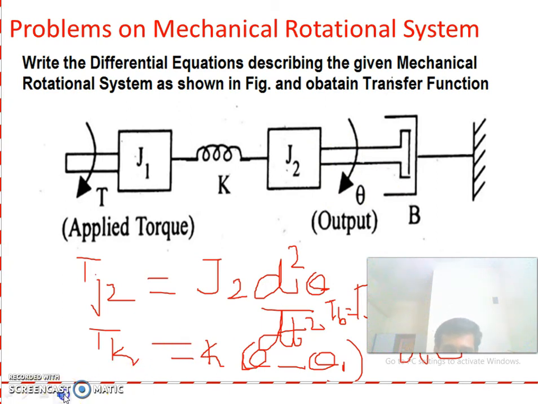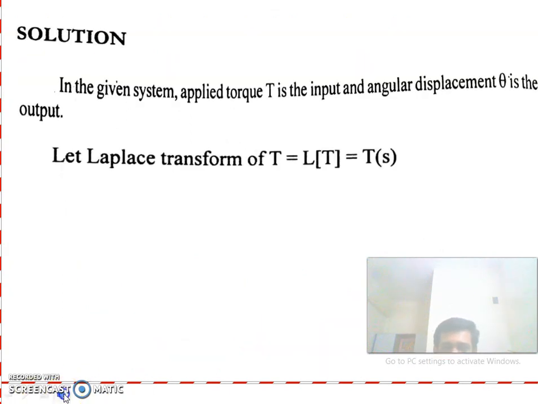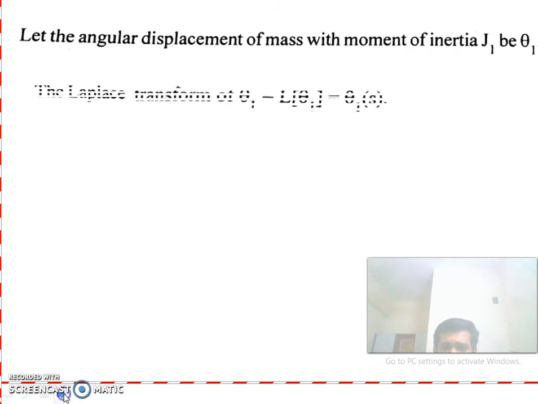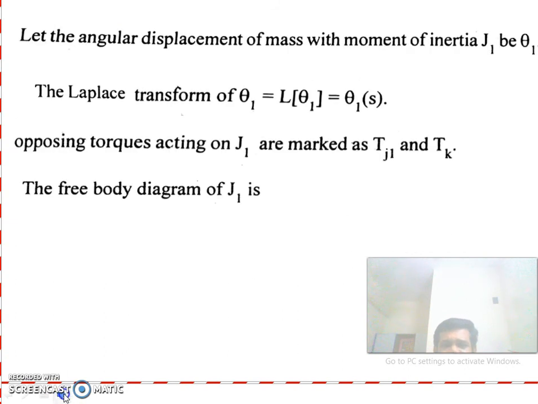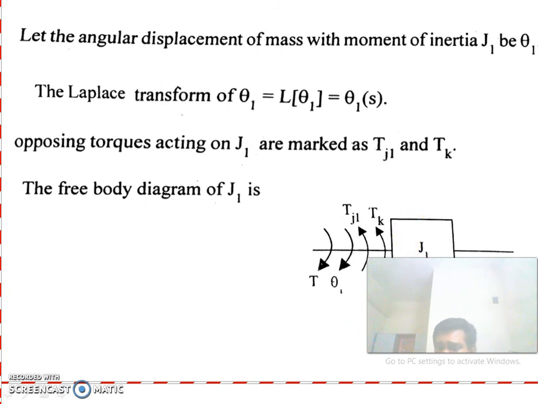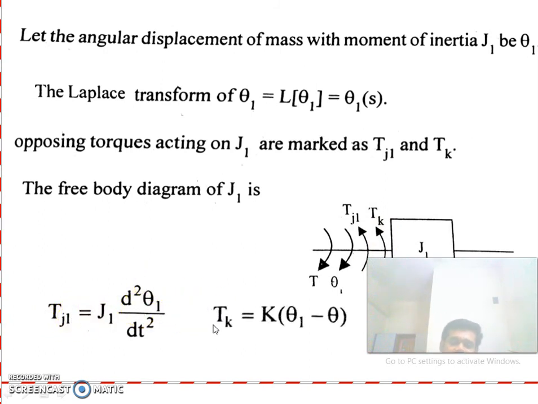Now we will go to the figure. The free body diagram of J1: the applied torque is T, and due to that the displacement theta 1 occurs. The opposing torques are Tj1 and Tk. Tj1 is J1 into d square theta 1 by dt square, and Tk is K into theta 1 minus theta.